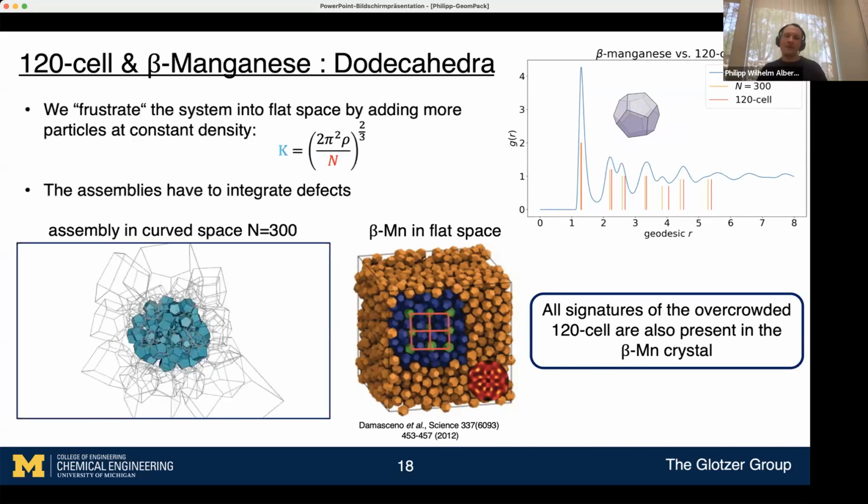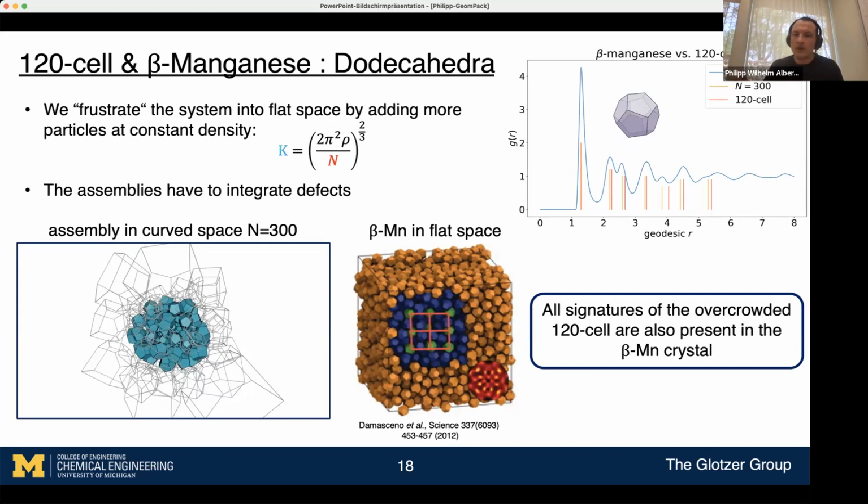Well, what I try to do now is slowly flatten space by adding more and more particles. Because when you look at the curvature K here, by adding more and more particles to the system and keeping the density, the packing fraction, constant, we can slowly flatten space and get more and more into this Euclidean regime.